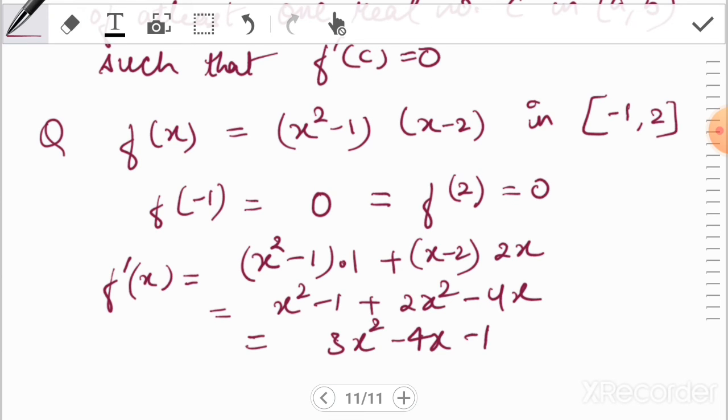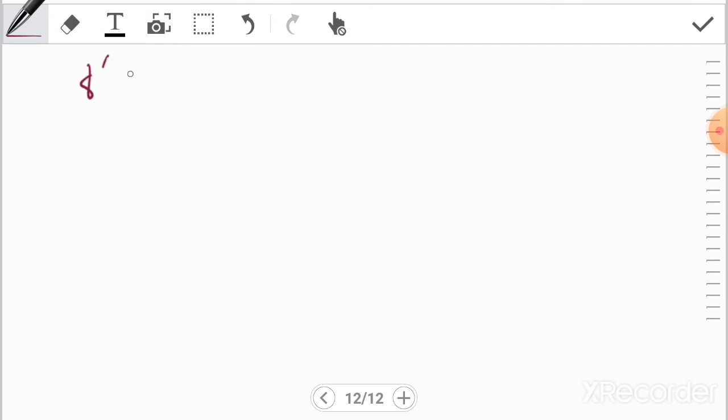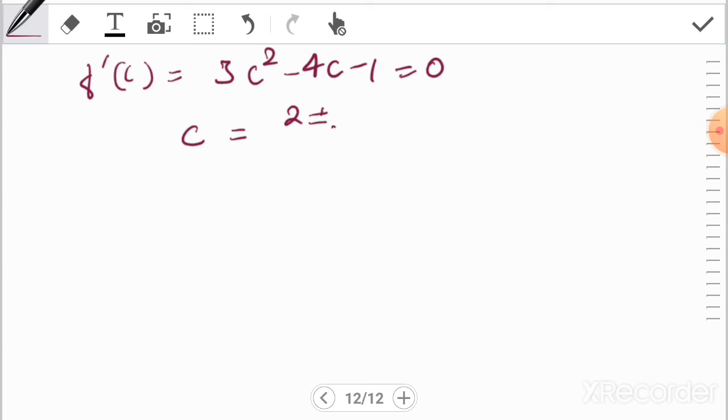Since f'(c) is 0, replace the value of x with c. So 3c square minus 4c minus 1 equal to 0. Solving for c, you will get (2 plus minus root 7) by 3, right?